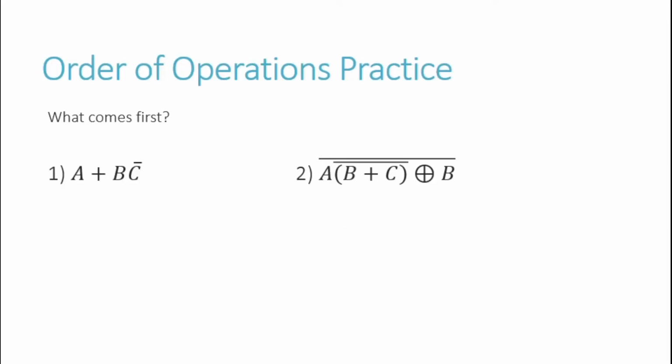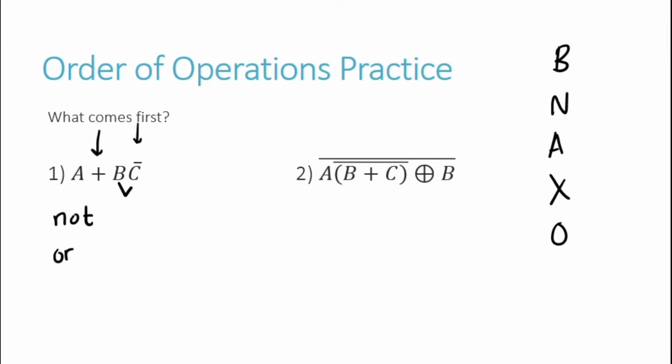So looking at a couple, I'm going to write down BANAXO over here. What comes first? So in number 1, what type of gates do I see? Let's talk about that. I see a NOT gate. I see an OR gate. It's very hard to not call that an AND gate.